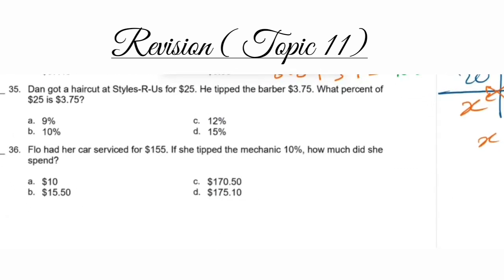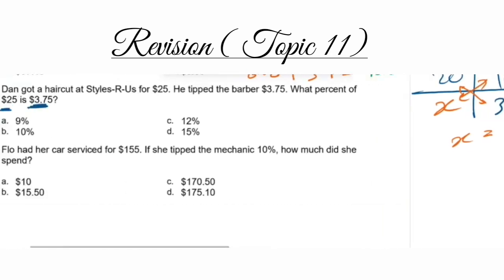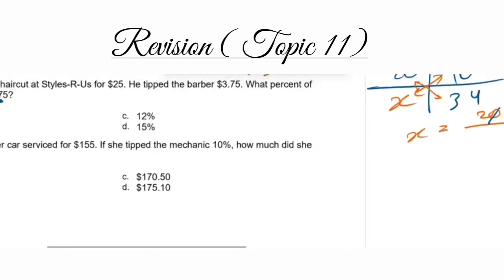In question 35, here we have $25 and tips 3.75, and we need to find the percent of 3.75 from the $25. Okay, so let's find this.